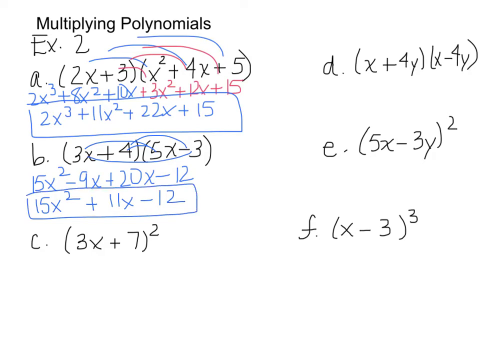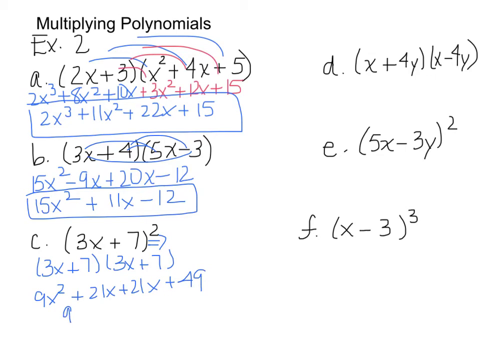Now if you see a square, of course that means to write it twice. Or those of you all that are really good, you can just multiply it in your head. So I'm going to get 9x squared plus 21x plus 21x plus 49. And you combine the middle terms, and then you're done.